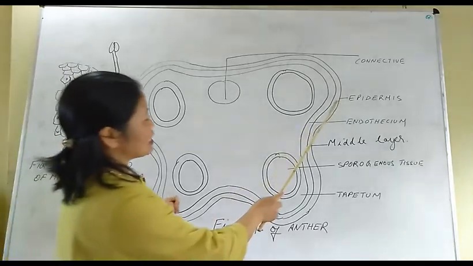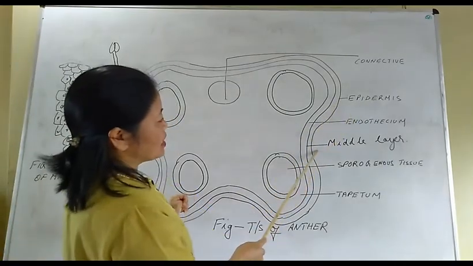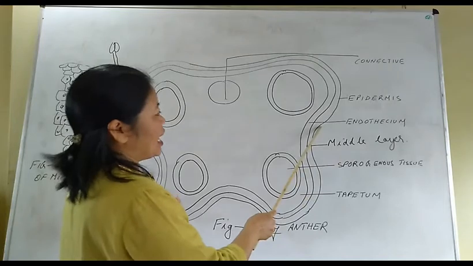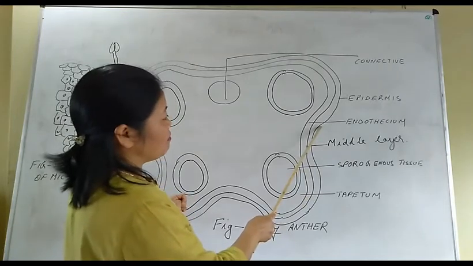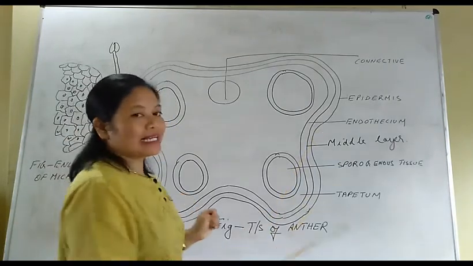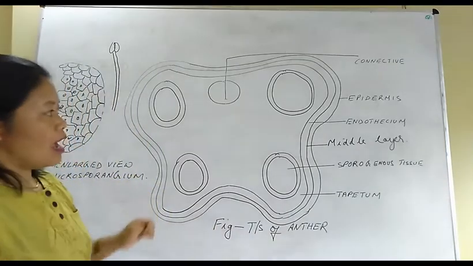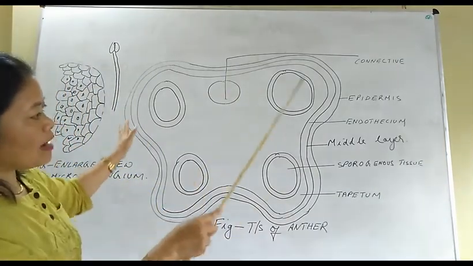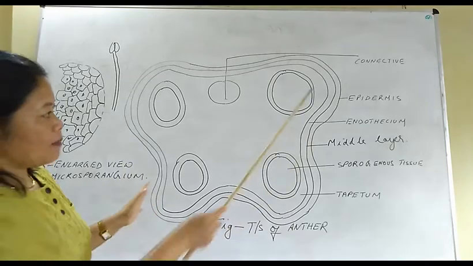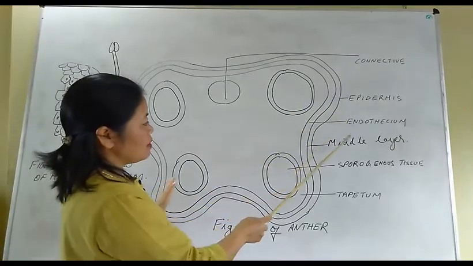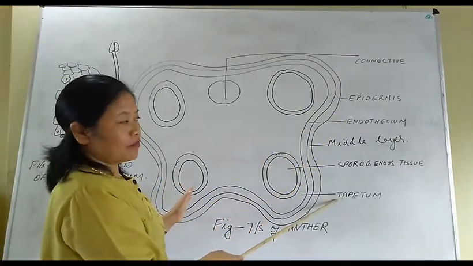The first one is epidermis, second one is the middle layer, and next one is endothecium, and the fourth one is tapetum. A microsporangium is surrounded by four walled layers: epidermis, endothecium, middle layer, and tapetum.